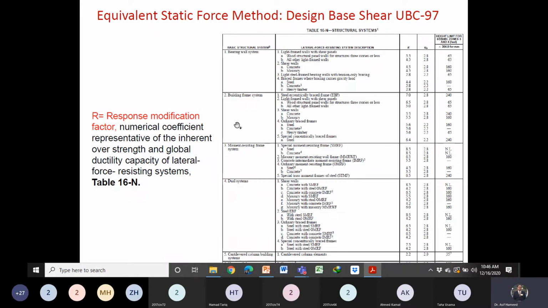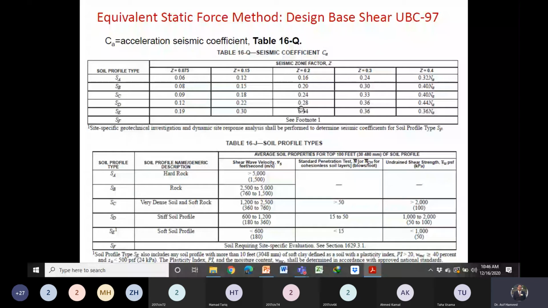So base shear calculated from the empirical formula will be small for the ductile structure, and it will be more for the brittle structures. Then we can see the value of the seismic coefficient, acceleration seismic coefficient and the velocity seismic coefficient from these 2 tables. So this is the table for the acceleration seismic coefficient.